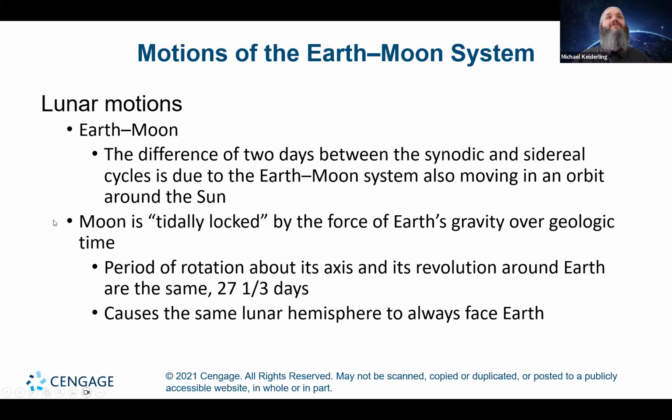Now, the difference of 2 days between the sidereal and the synodic month is due to the fact that the Earth-Moon system is also moving around the sun. So as it cycles around the sun, the moon has to travel a little further to be in the same relationship between the sun and the Earth.